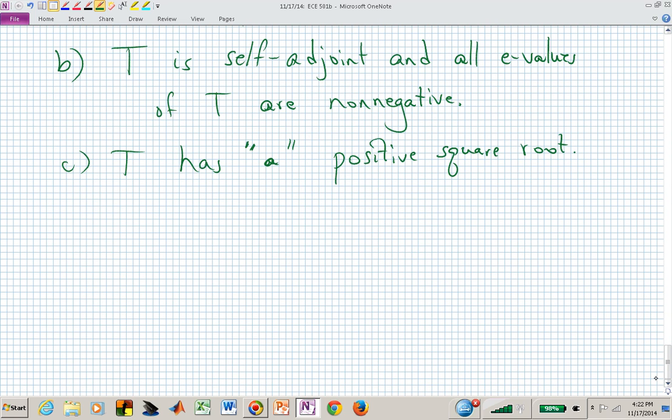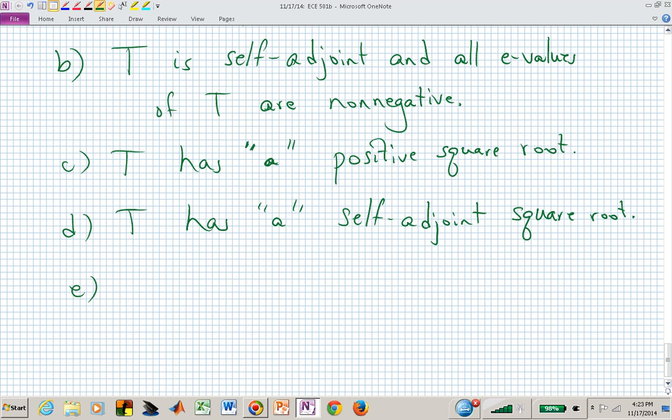T may have multiple square roots, but it has a positive square root if T is positive. T has a self-adjoint square root.